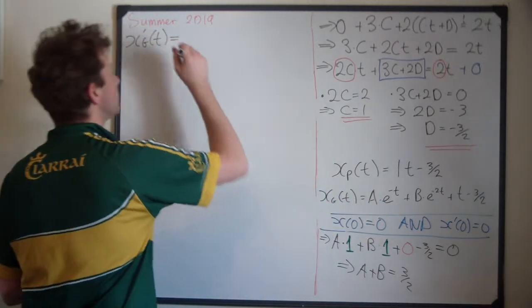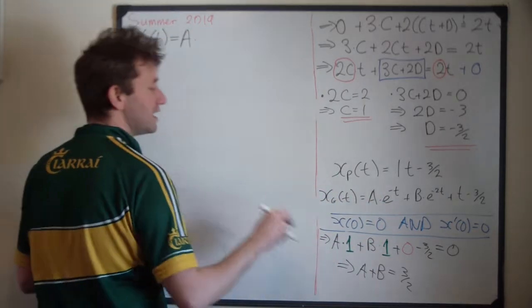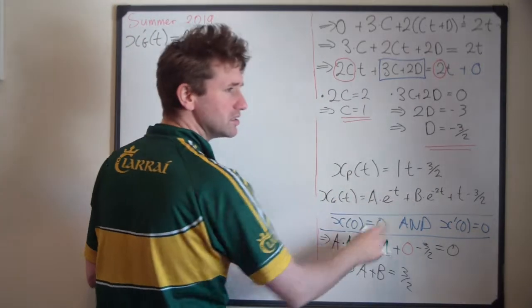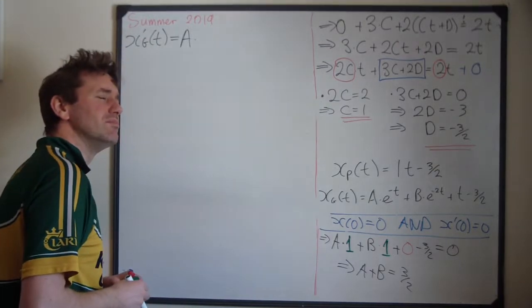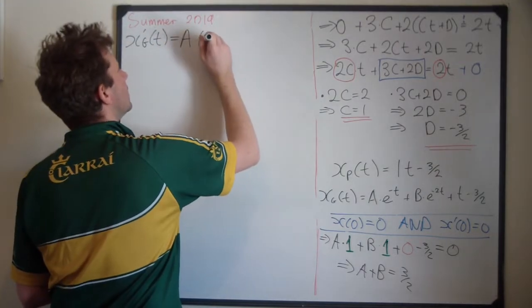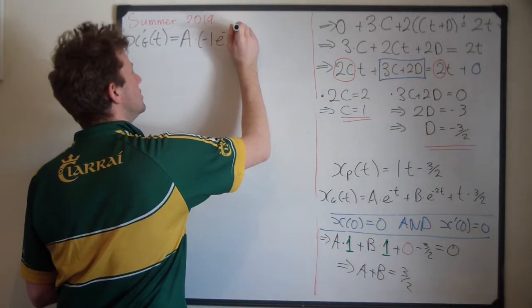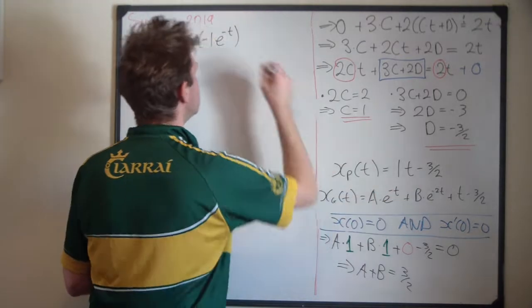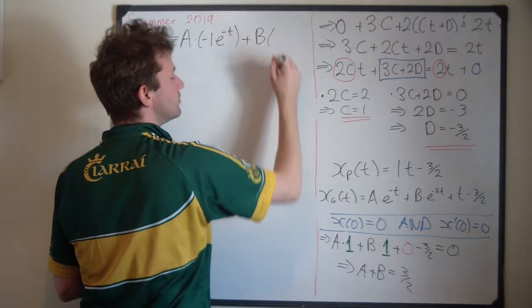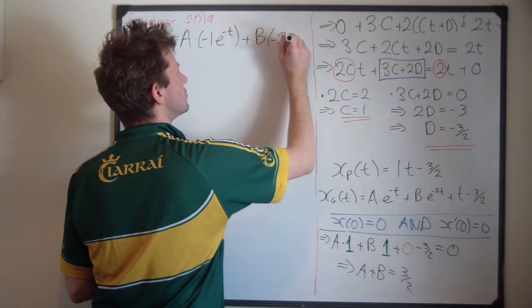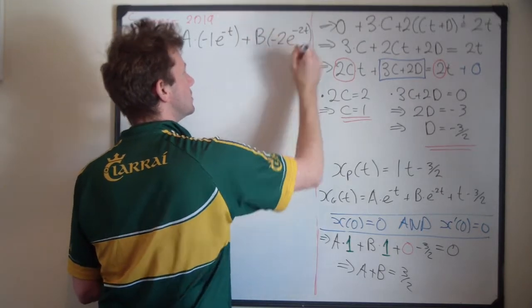You've got a constant times a function, fix the constant, and the derivative of e to the minus t is like the derivative of e to the minus 1x. It's minus 1 e to the minus t, plus fix the b here, and the derivative of e to the minus 2t is minus 2 e to the minus 2t. It's in the tables.